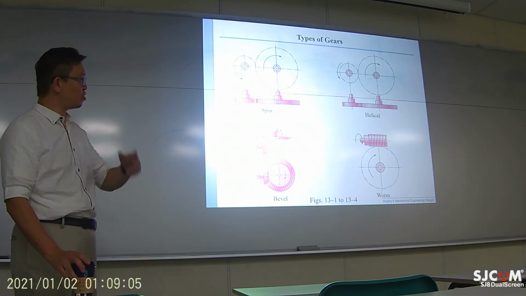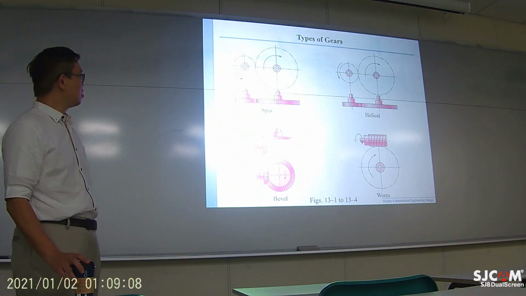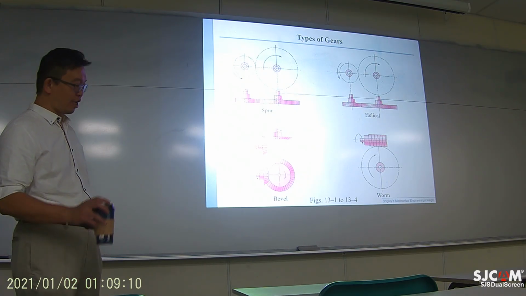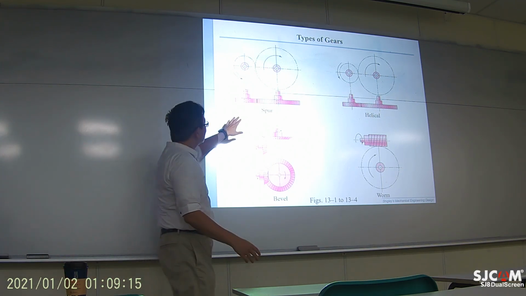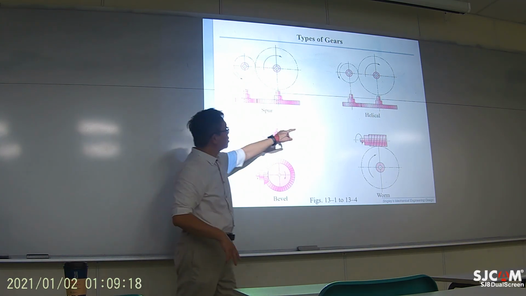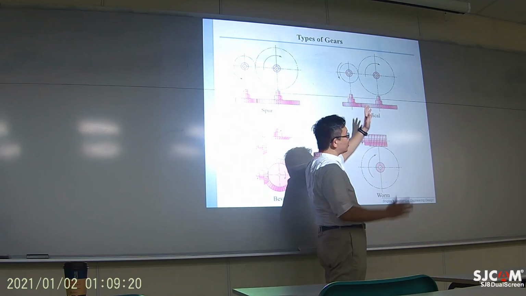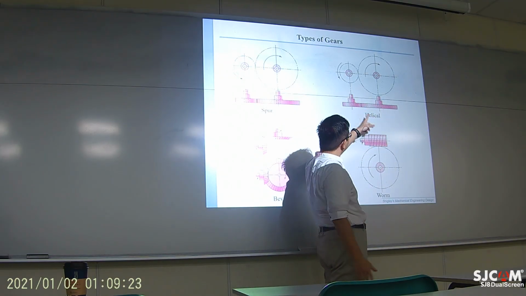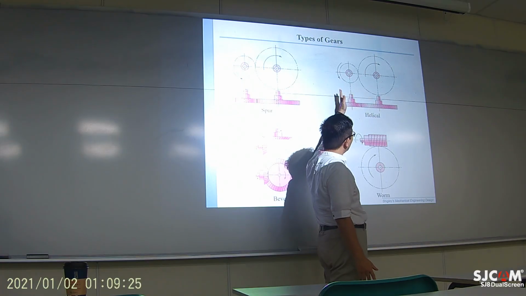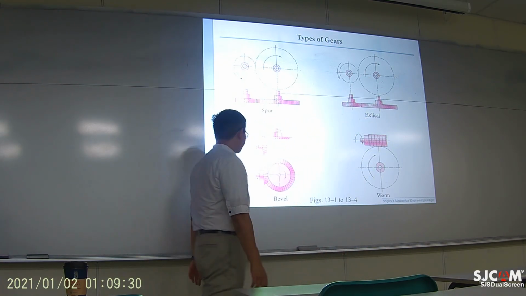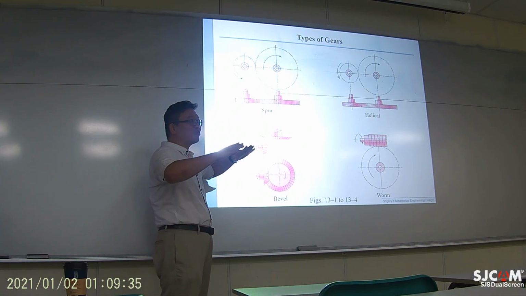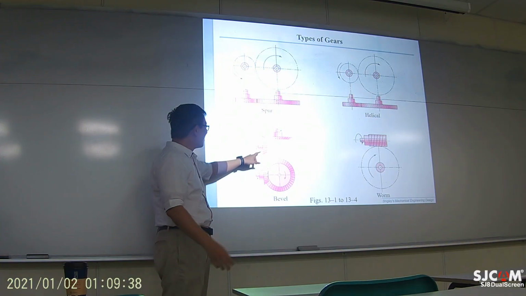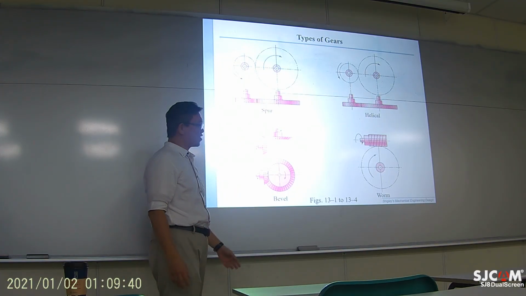Especially for Taiwanese, you may not know what their English names are. Face to face is spur gear, and when the teeth have a helical angle, like a twisting angle, it's called helical gear. And bevel gear looks like an umbrella. In Chinese, we call it umbrella gear, but the English is bevel gear.